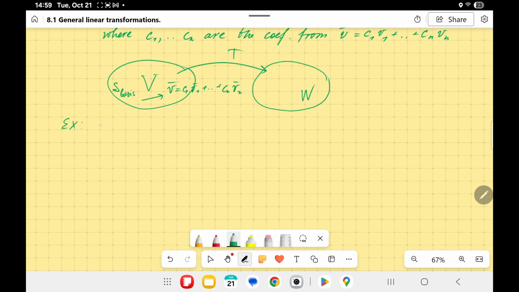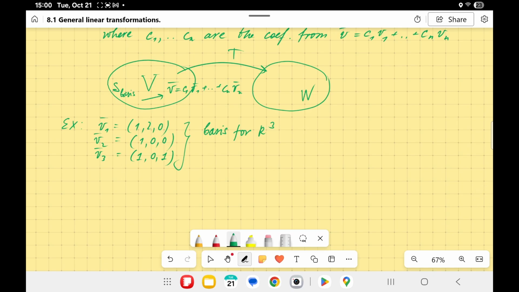Imagine that we have three vectors: v1 equals (1, 2, 0), v2 equals (1, 0, 0), and v3 equals (1, 0, 1). And these three vectors make a basis for R3. How do we know this?